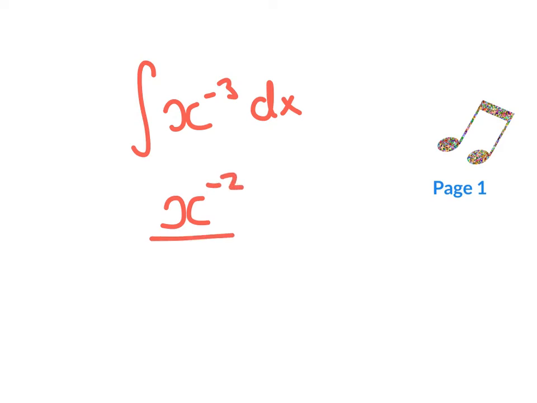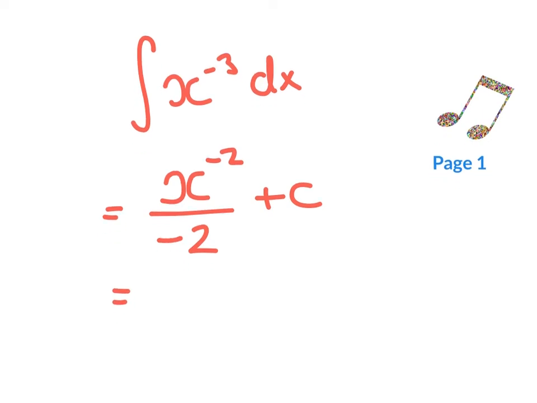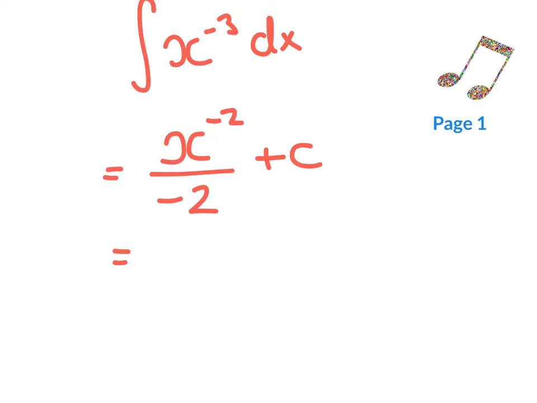I'm going to divide by the new power, and I'm going to add my constant of integration. I'm just going to tidy this up, and I'm going to do that using my index rules. Because x is to the power of negative 2, I'm going to pop it down here to make a positive index.